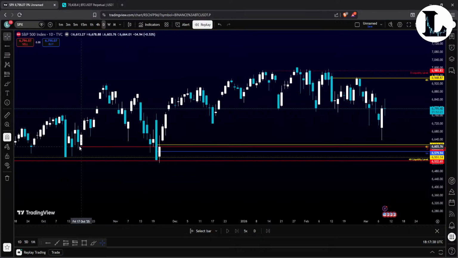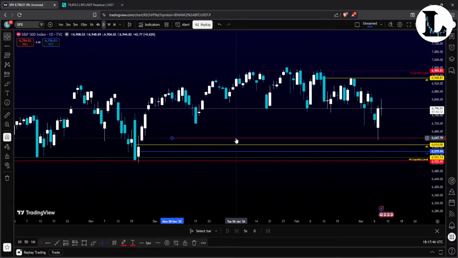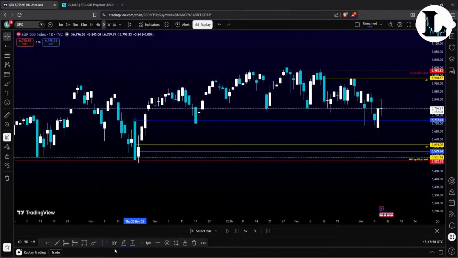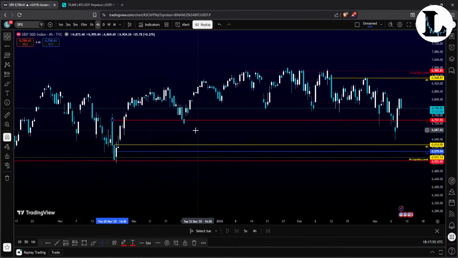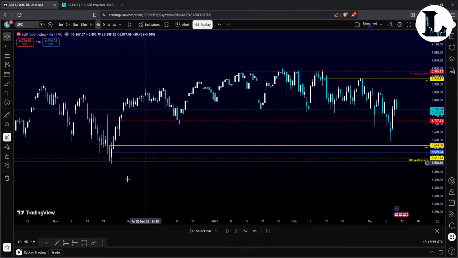No liquidity level here, guys. No liquidity level. Let me try to find. So I need to keep this daily. Sorry. Keep the daily. Let's go to the 4-hour. I think I know what this level here is.